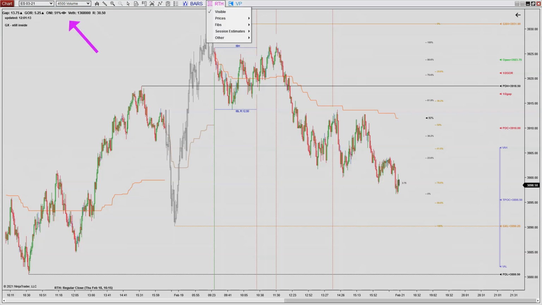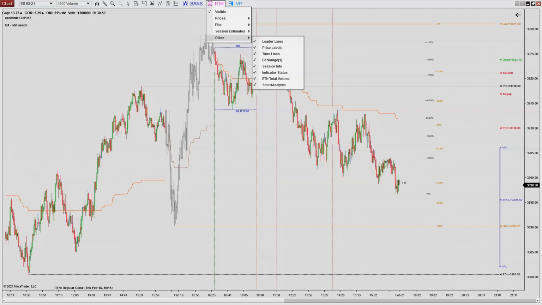Next down is the Session Information Dashboard, which summarizes the gap size and direction, gap on range size and direction, overnight inventory status, session volume, and range. This lets you take the pulse of the market.